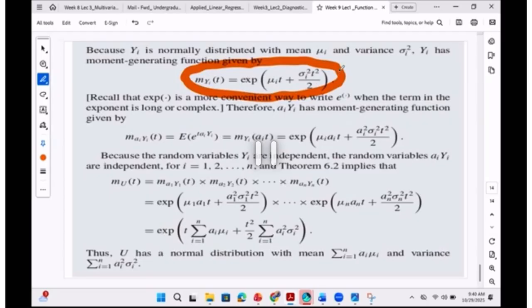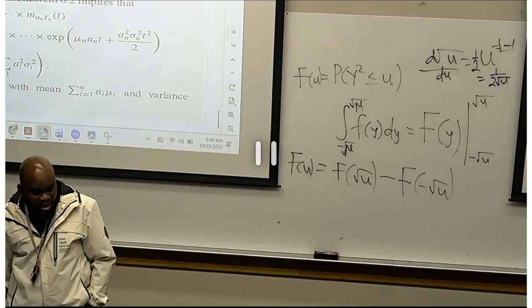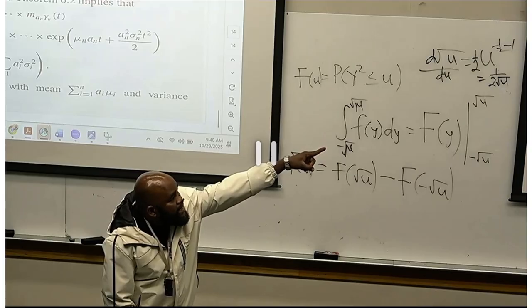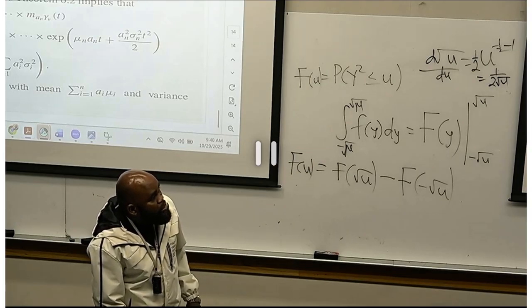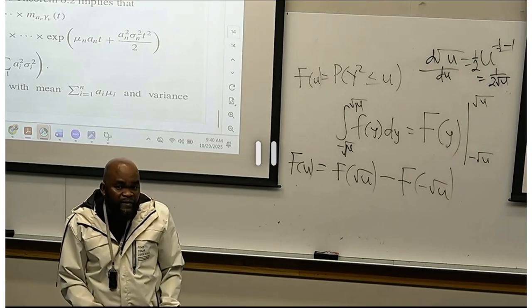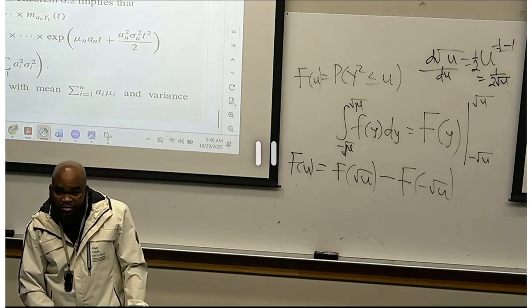That guy is the moment generating function of a random variable that follows a normal distribution. Why do I put i? I'm going to substitute i with 1 if I'm focusing on Y1.